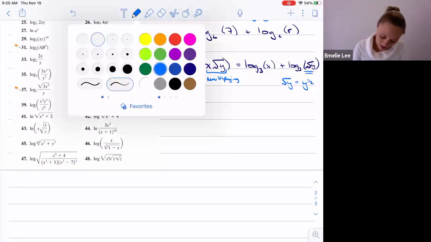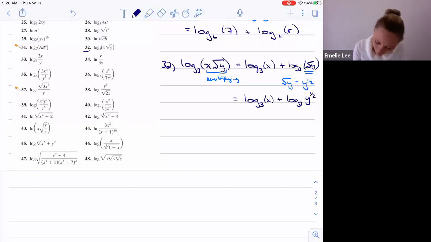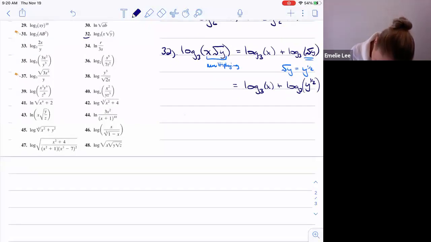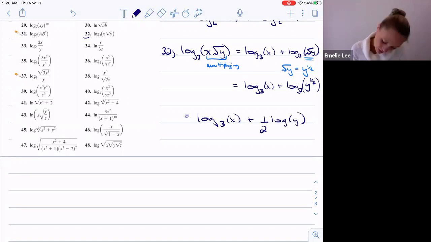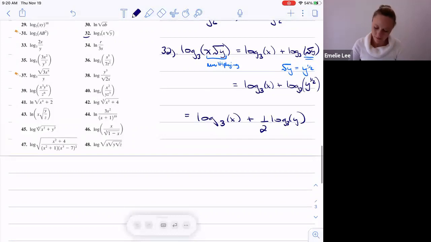Okay. So we can expand it even further and say, well, I'm going to rewrite this as log base 3 of x plus log base 3 of y to the 1/2, which I can expand a little bit further. Log base 3 of x plus 1/2 log base 3 of y.